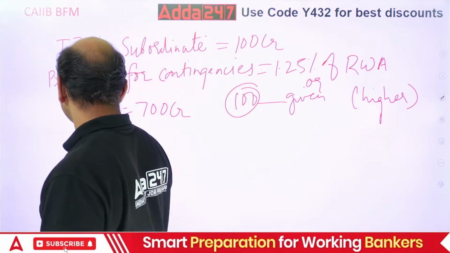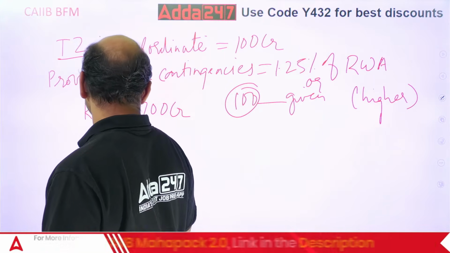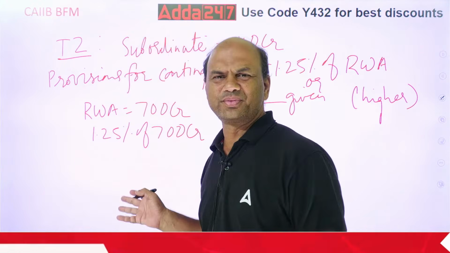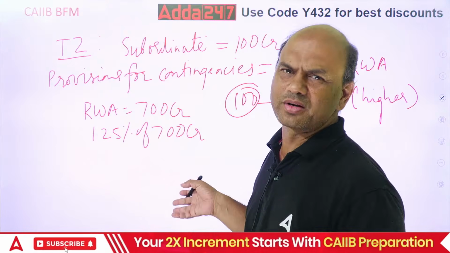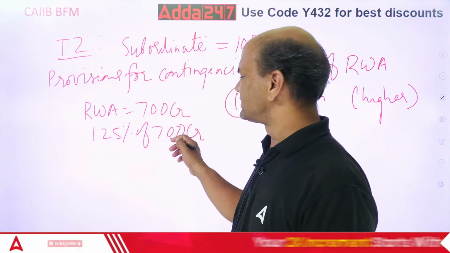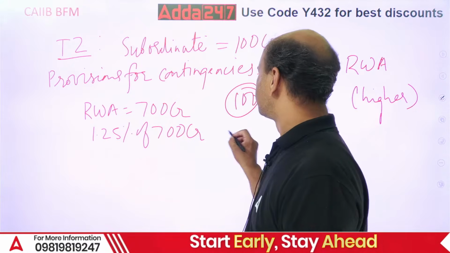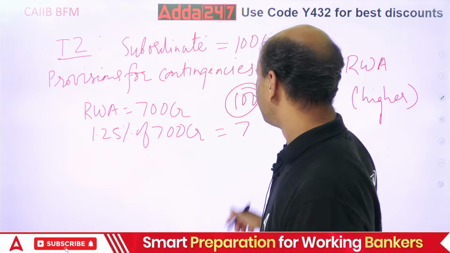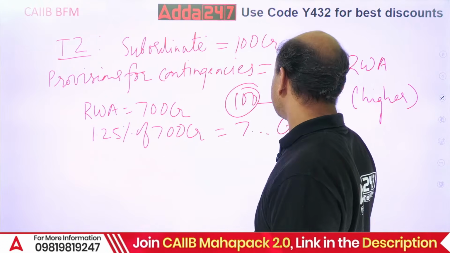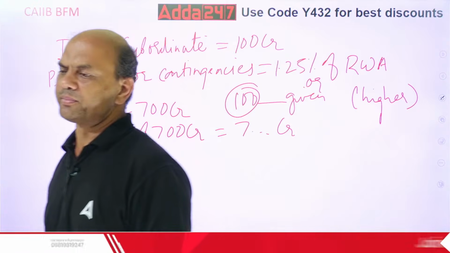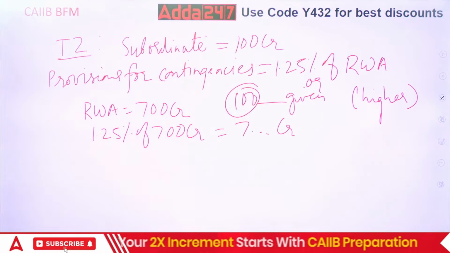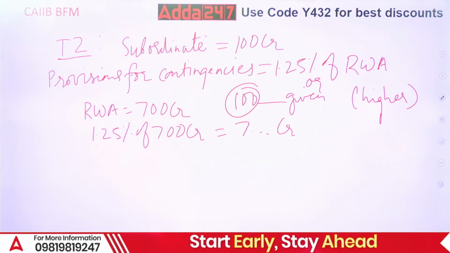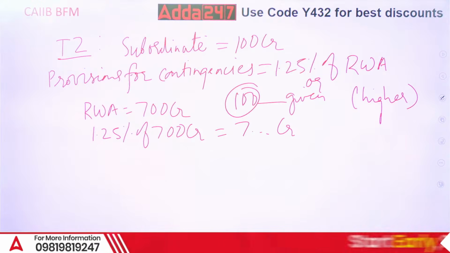What will be the answer? Very less. 1.25% of 700 is 7 point something crore, or 8 if you round it. What are you getting? 8 point something.